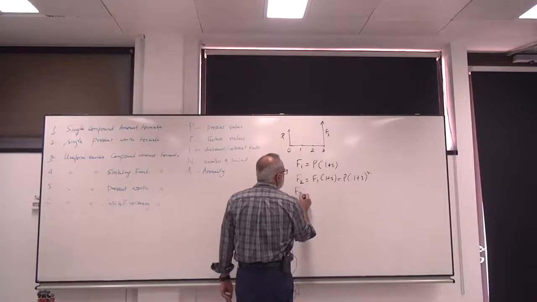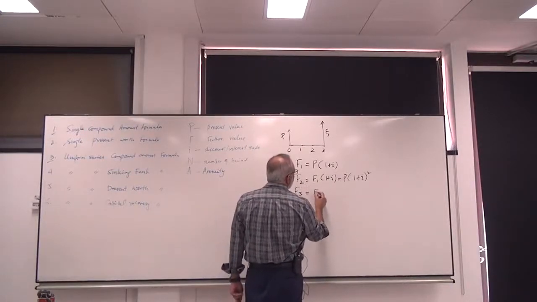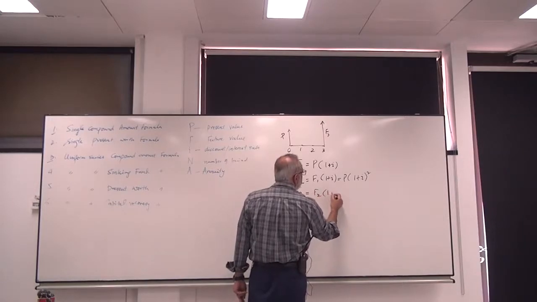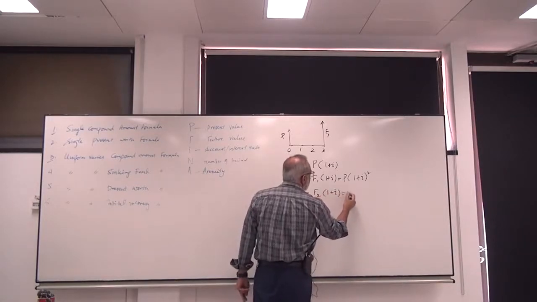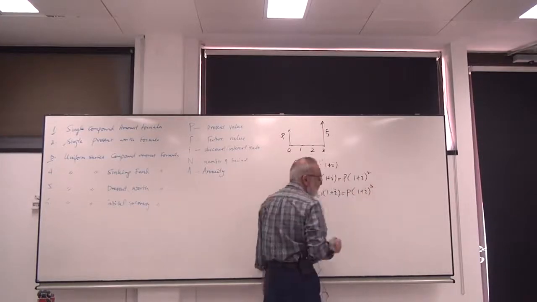And in 3 years, this F2 will again gain 1 year of interest, so this will be 1 plus I to the power 3.